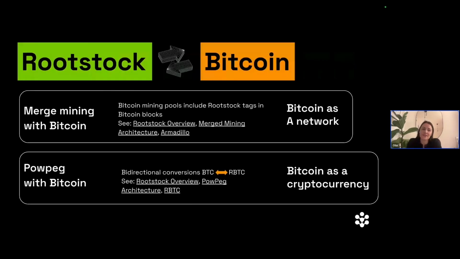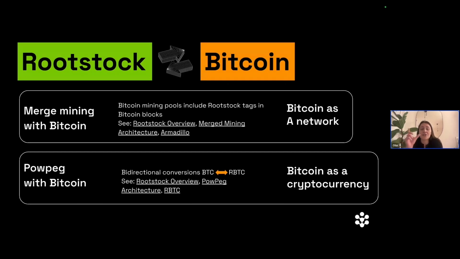Now, as mentioned earlier, what makes Rootstock special is the connection with Bitcoin and Ethereum. So first of all, let's have a look at the connection with Bitcoin. We can look at it in two different ways: how it is connected as a network and as a cryptocurrency. As a network, Rootstock uses something called merge mining with Bitcoin. Basically the same mining pools, the same miners that secure the Bitcoin network also secure the Rootstock network.